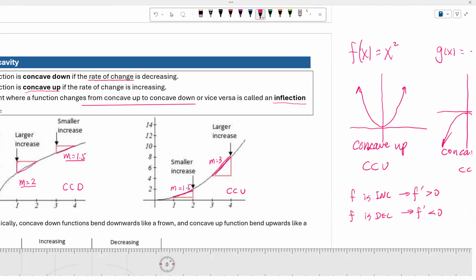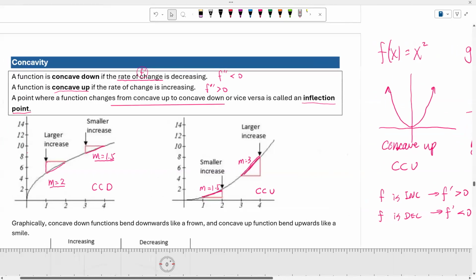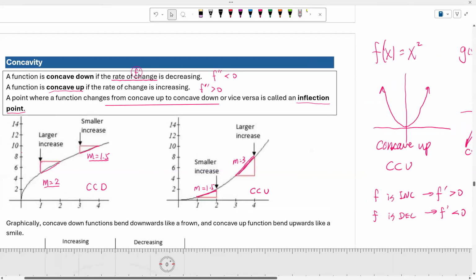Rate of change is related to f prime, the change of a function f. Now we have that the rate of change is decreasing, meaning the derivative of f prime is decreasing, isn't it? f double prime is negative. And the rate of change is increasing, meaning f double prime is positive. So we could use the second derivative to talk about concavity as well.